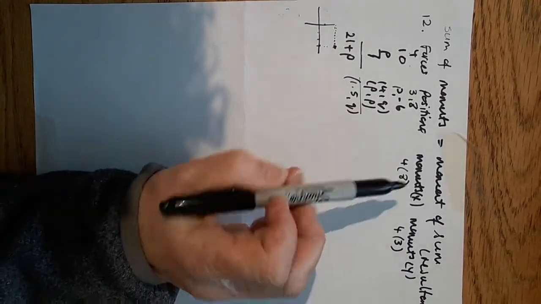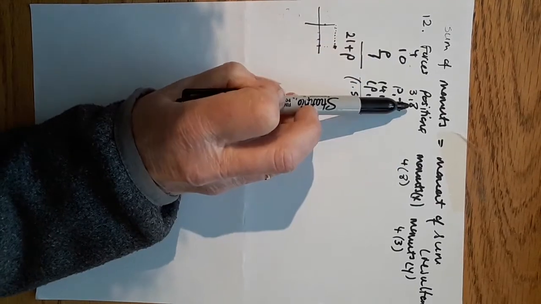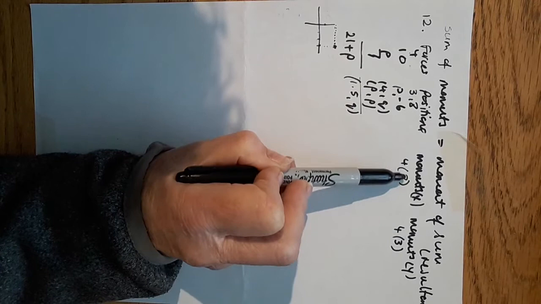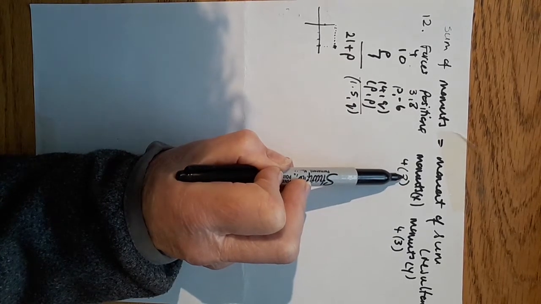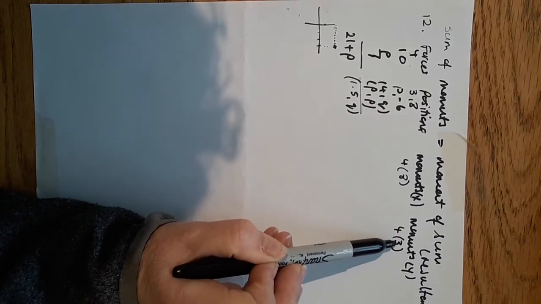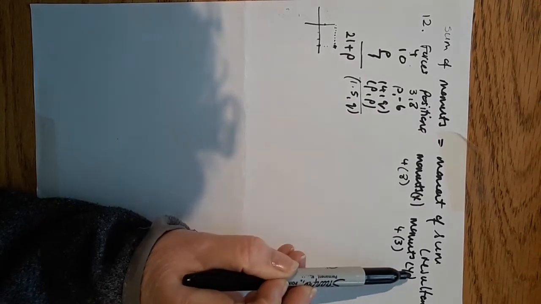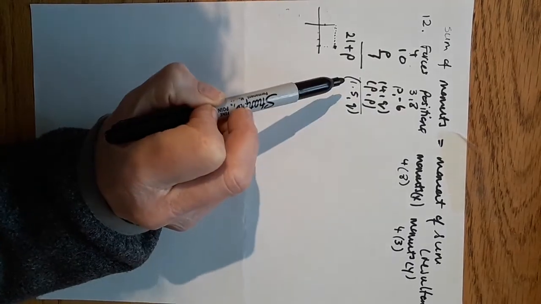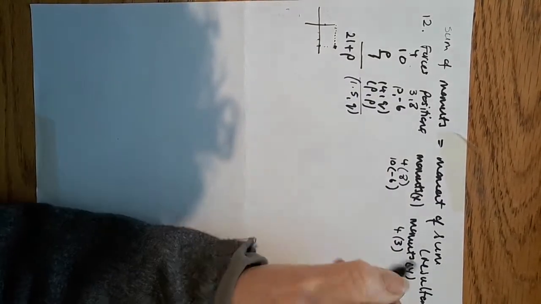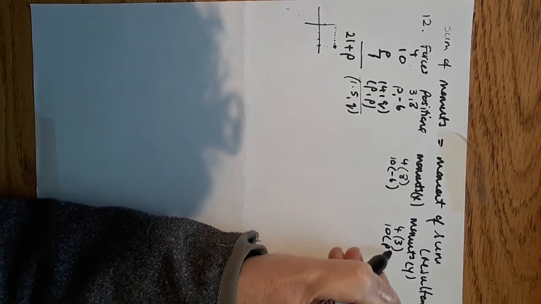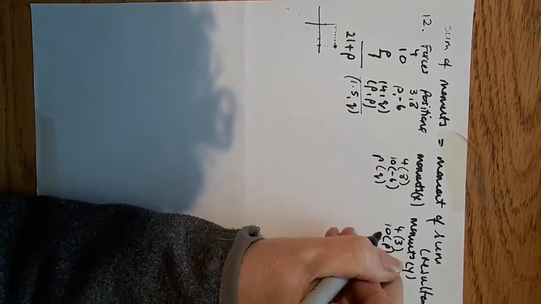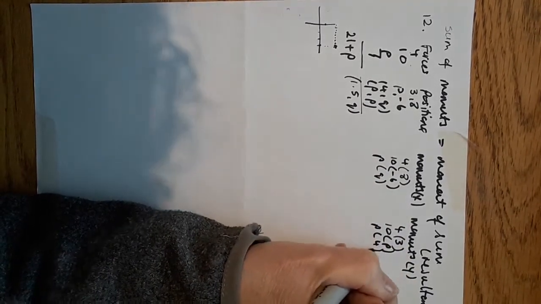You'll notice that you're multiplying the force by its opposing coordinate. So the force multiplied by the y-coordinate gives the moment about the x-axis, and the force multiplied by the x-coordinate gives the moment about the y-axis. I'm going to do the same for the rest of those forces. So 10 will be multiplied by minus 6, and 10 will be multiplied by p. Force p will be multiplied by q, and force p will be multiplied by 4.